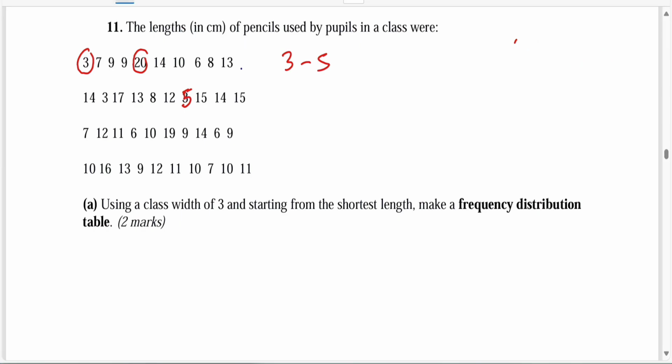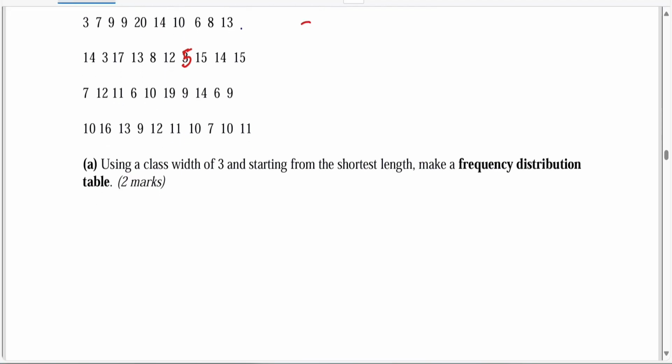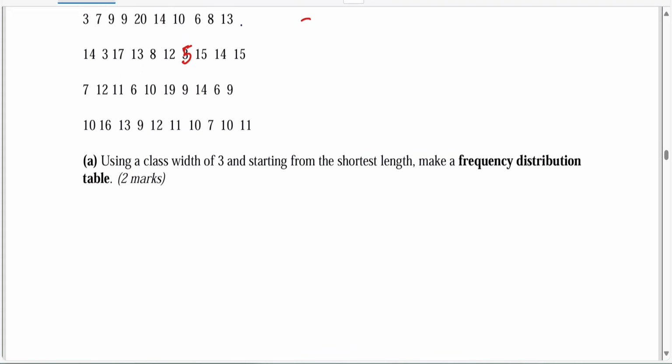So let's draw it. Okay, so tukichora hii hapa, acha tuchore.